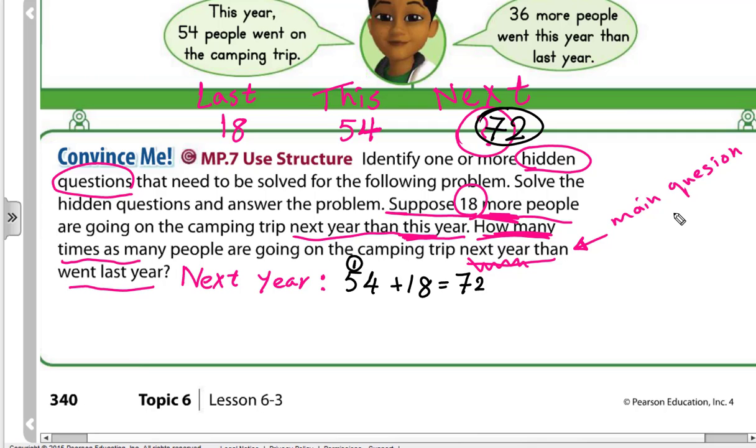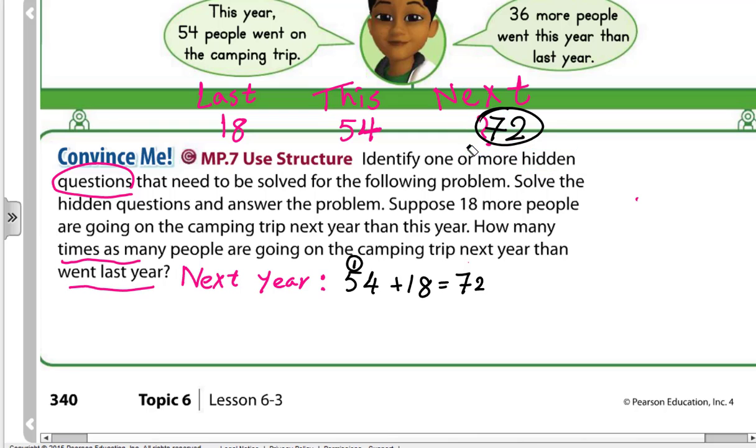And Salman. Yes, teacher. Okay, Salman, the main question. I will erase all this because this is too many lines here. This is 72. Okay, no problem.